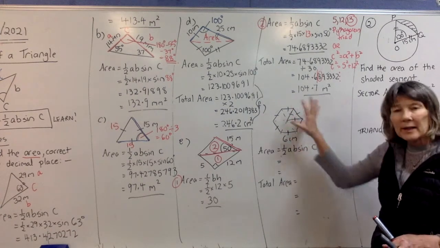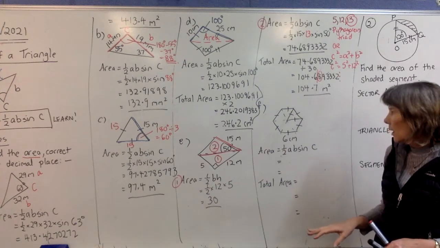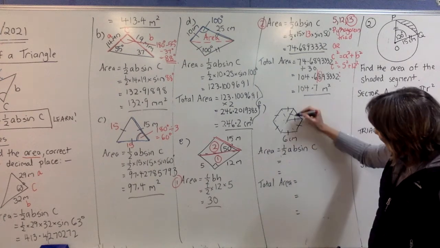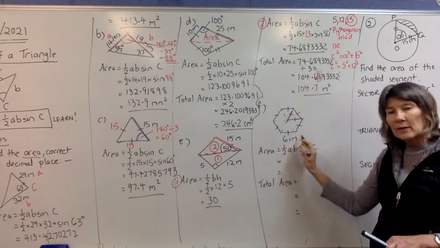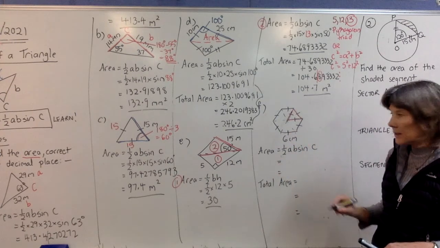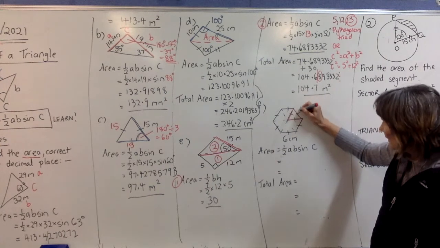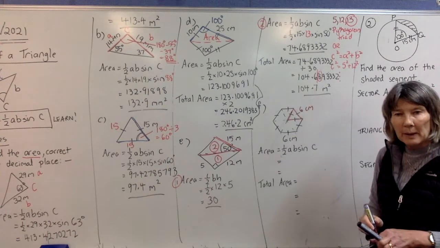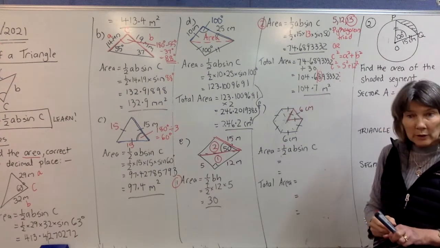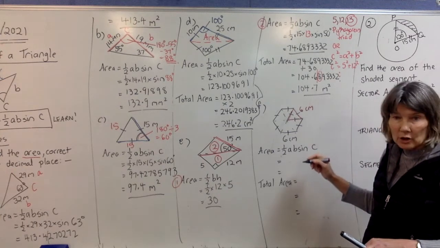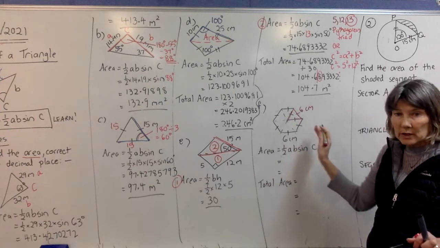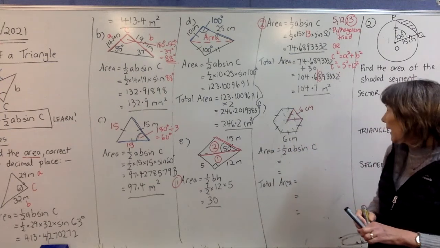So if I want to find the area of this hexagon, I'm going to concentrate on the area of just this one triangle here. So we've been given a side length of 6 for the hexagon, so I can write that side length up there with my red pen. And it's an equilateral triangle, so all the angles are going to be 60 degrees each. So we've got 6's for all the sides and 60 degrees for all the angles.